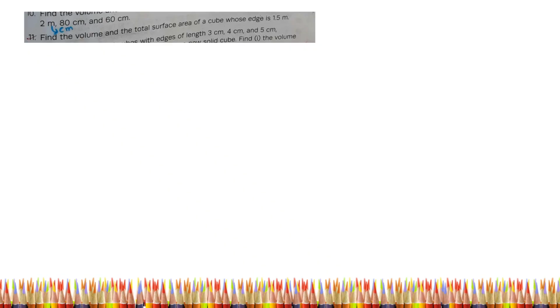Now in this question again, we are asked to find the volume and surface area of a cube whose edge is 1.5 meter. This time we are asked the surface area of a cube, right? Now for the cube, we have the volume as 1.5 multiplied by 1.5 multiplied by 1.5, because in case of a cube the dimensions are the same.